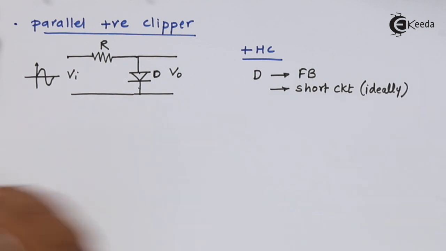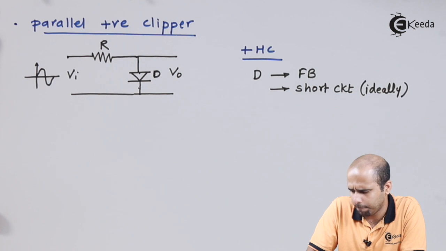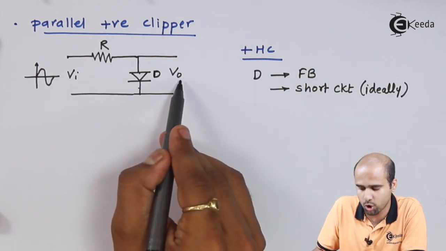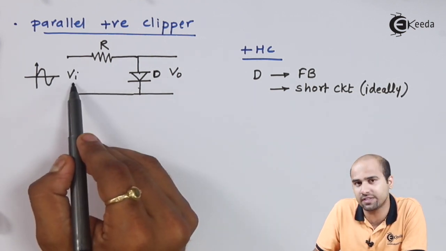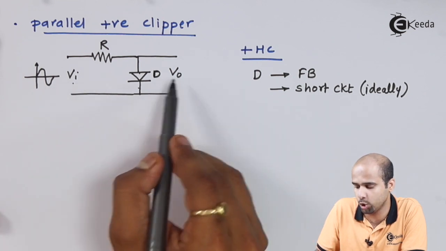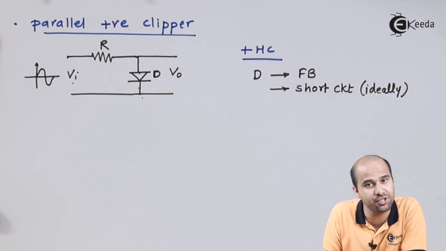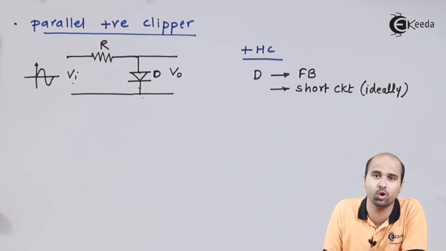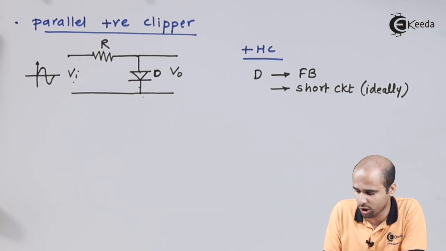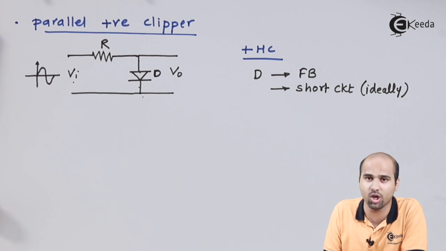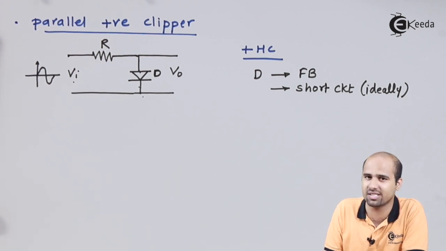Now there will be a question that whether VO is following the input voltage VI or VO is following this particular voltage ideally as short circuit, that means 0. So answer is VO will be 0. This is because current always and always follows less resistive path.